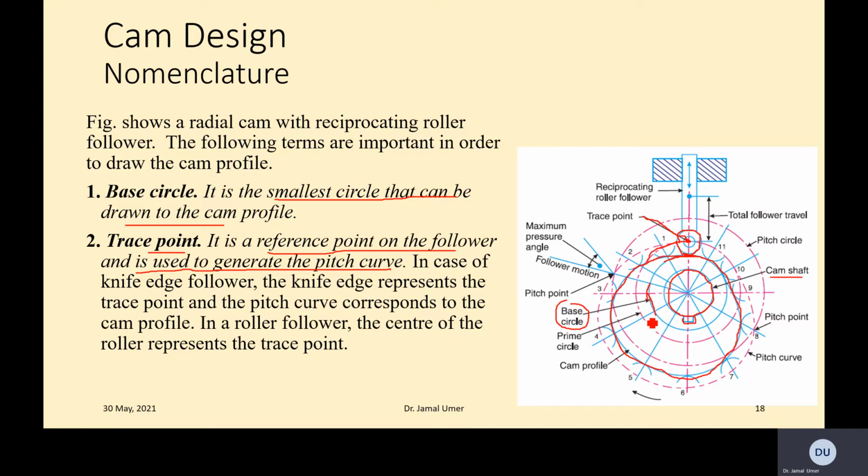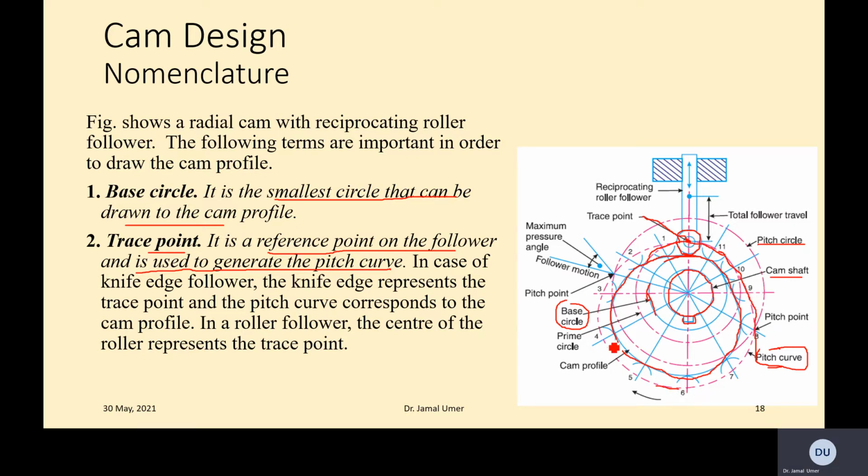When the cam is moving, this point draws the pitch curve. So just remember, this is called the pitch curve and this is called the pitch circle. We are interested in the pitch curve because this is the curve the trace point actually draws.